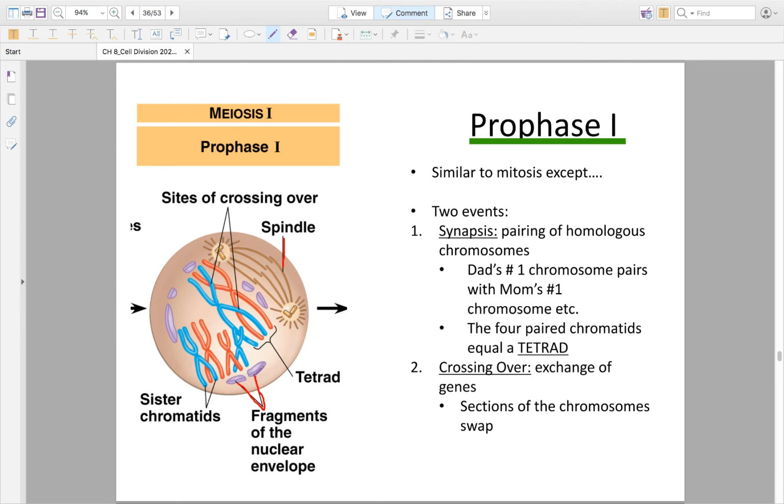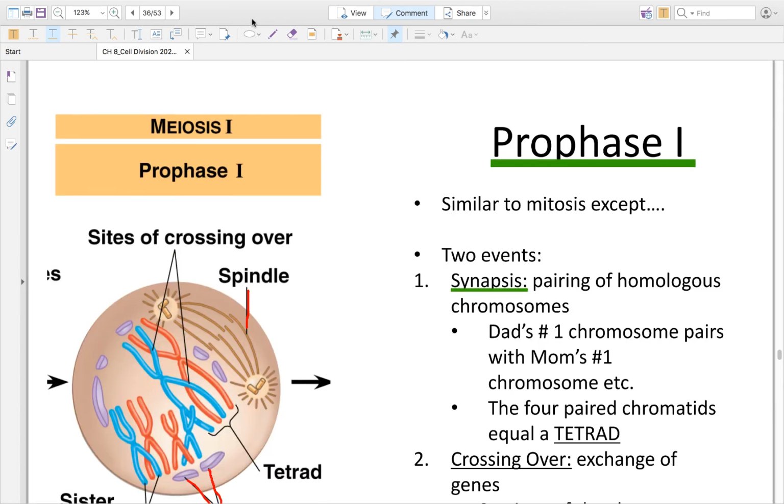Now, there's two major events that occur that only happen in prophase 1, meiosis 1. The first thing that happens is called synapsis. Synapsis is when homologous chromosomes physically come in contact and pair up together. This doesn't happen anywhere else except for here. So if you look really close, let's zoom in a little bit.